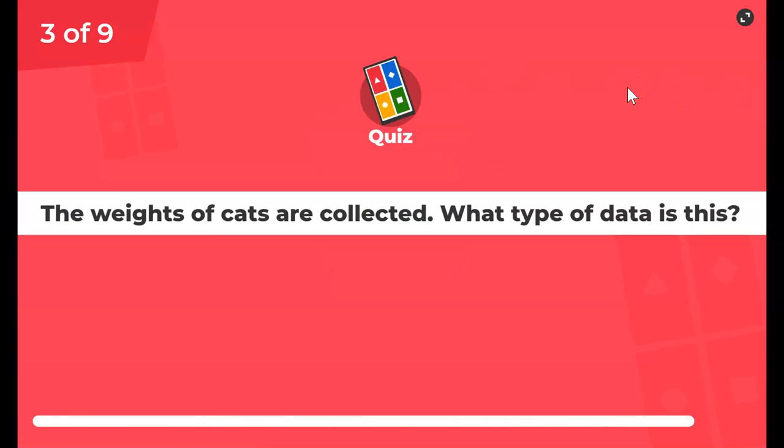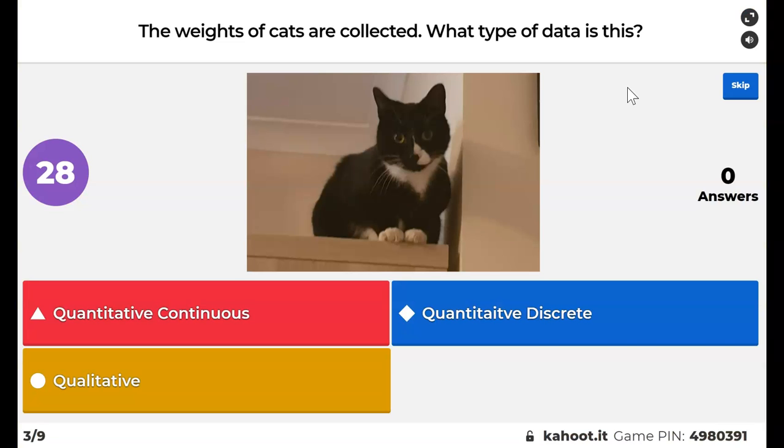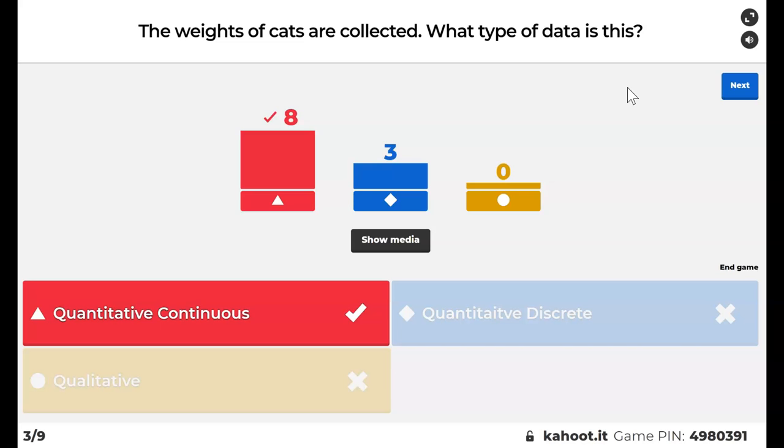So the weights of cats collected, what type of data is this? Remember, weight is going to be continuous because the cat could be anything between 4 and 5 kilograms.